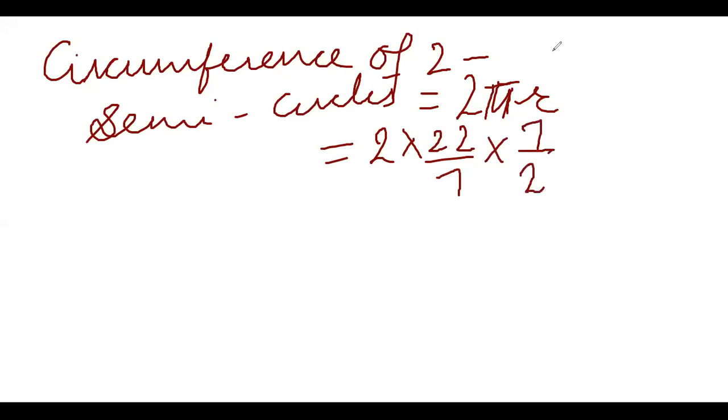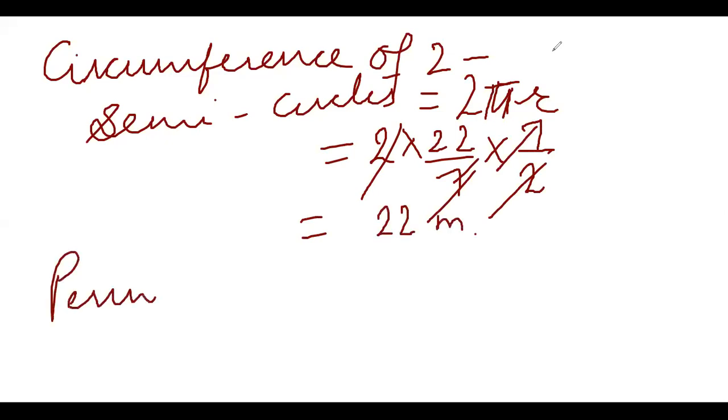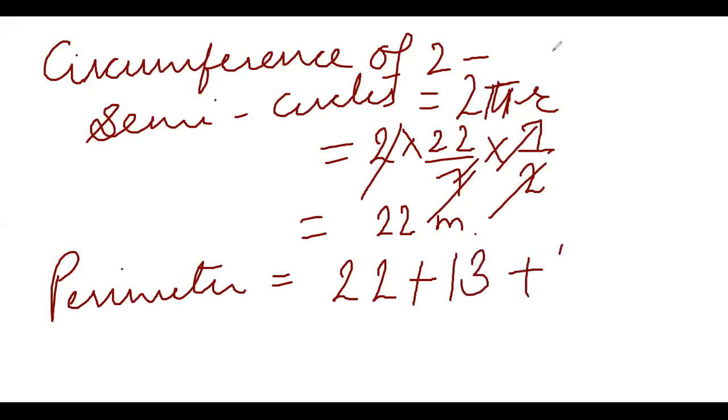Radius will be 7 upon 2. It will be 22 meter. Then perimeter of the given figure is equal to 22, the circumference, plus 13 and 13, two sides given here in the boundary. It will be 48 meter. 48 meter is the perimeter of the given figure.